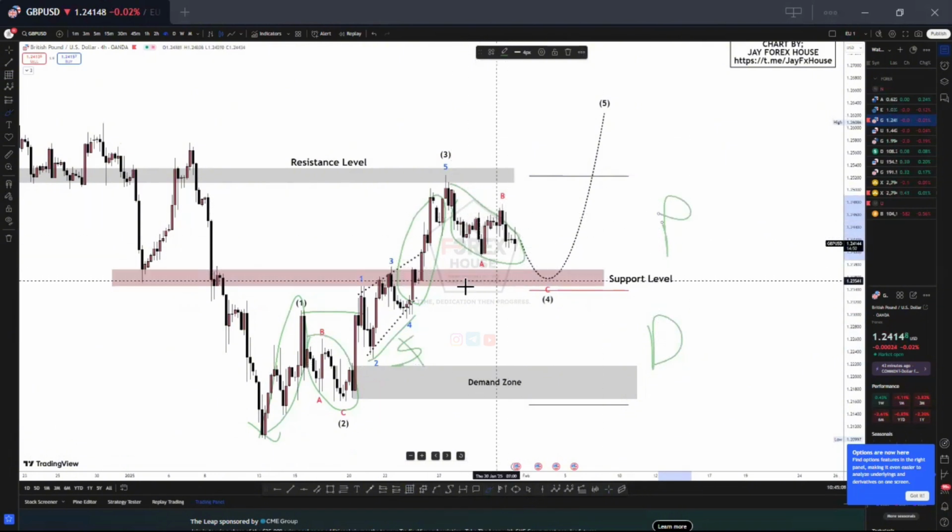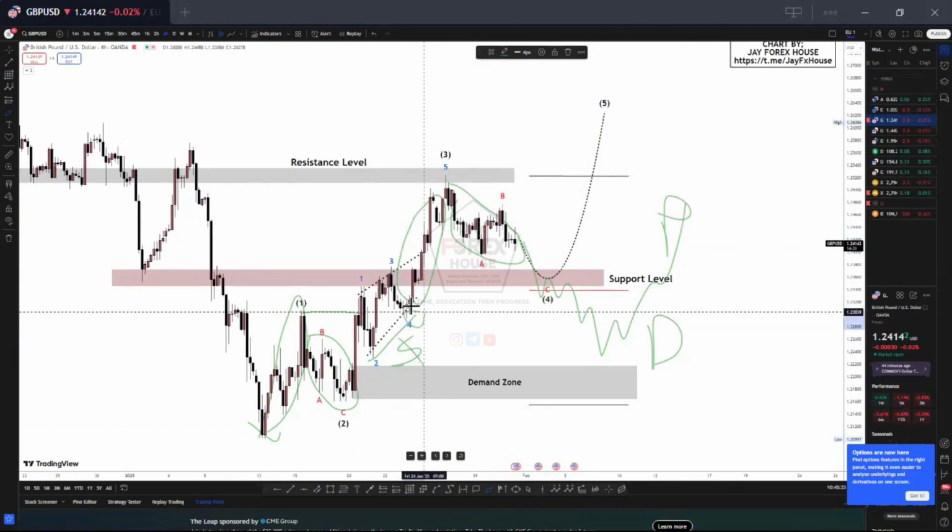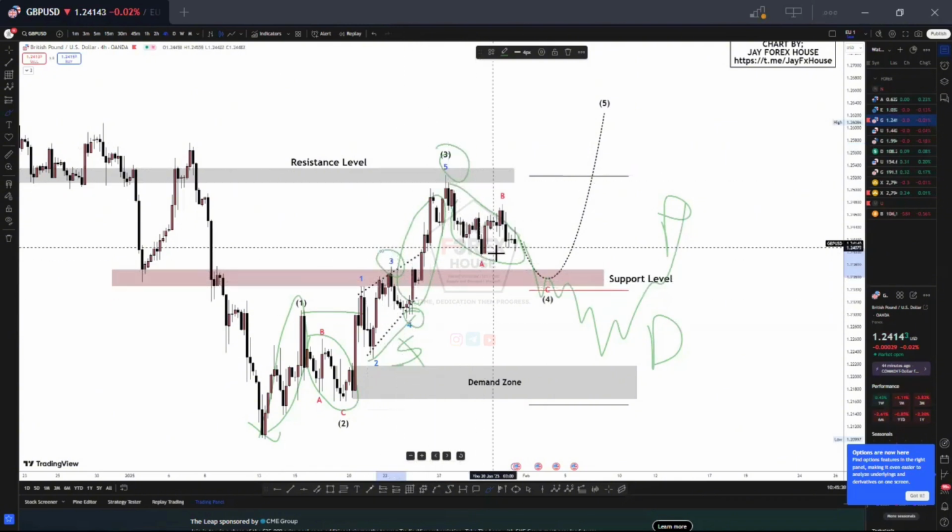At the same time, price could decide to go lower to a more discounted price. But right now, what we have on the screen is telling us that this is also a structure, and this low hasn't been broken yet. Okay, so there's also a possibility that this structure could hold and then price goes bullish.